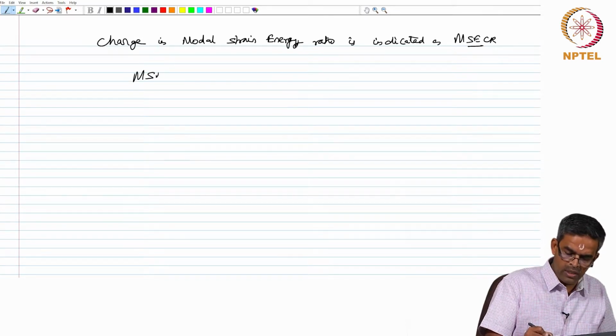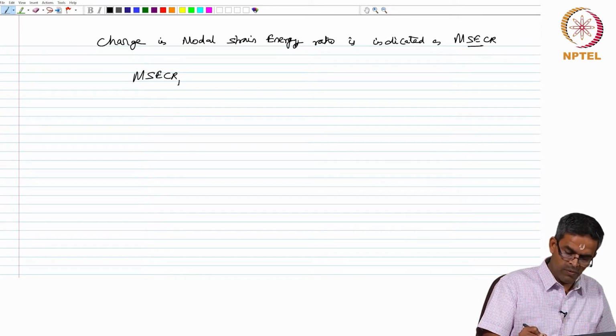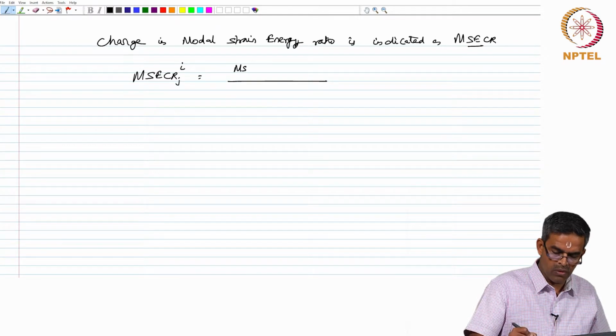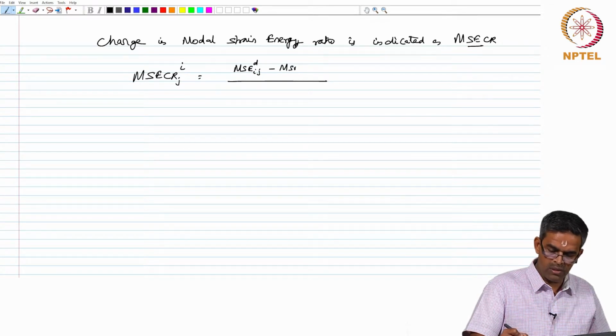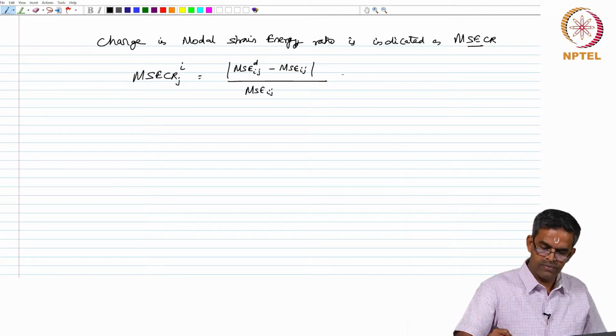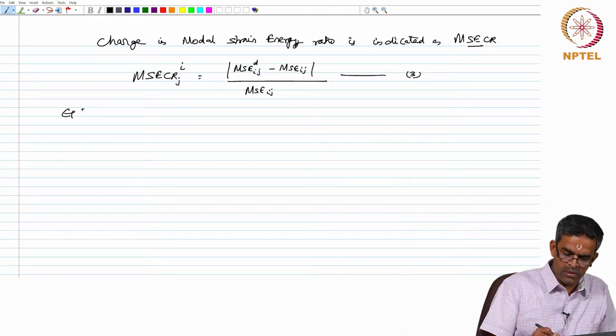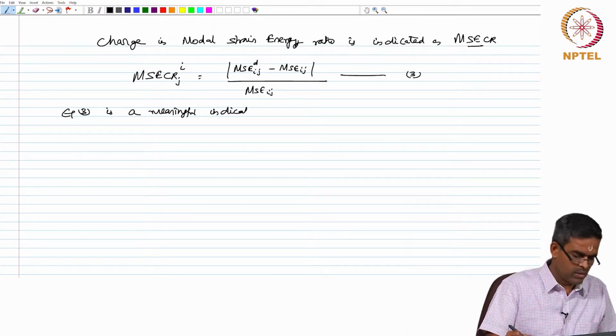So, the modal strain energy change ratio from j to I is given by modal strain energy Ij in the damaged state minus modal strain energy Ij, the mod value, by modal strain energy Ij. Let us say equation 3. Equation 3 is a meaningful indicator of damaged elements.